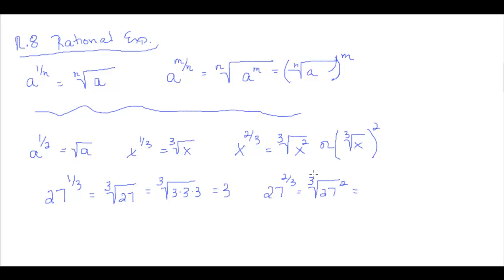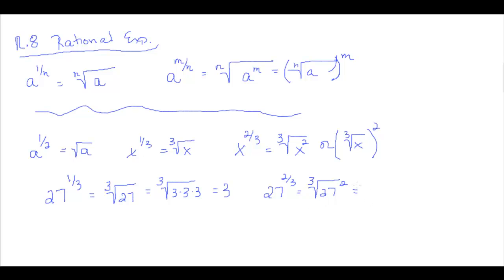So it doesn't matter. You can ask yourself, would it be easier for me to square 27 and then apply the cube root? Or is 27 something I can easily take the cube root of and then square that number? And often it's easier to take the root first.